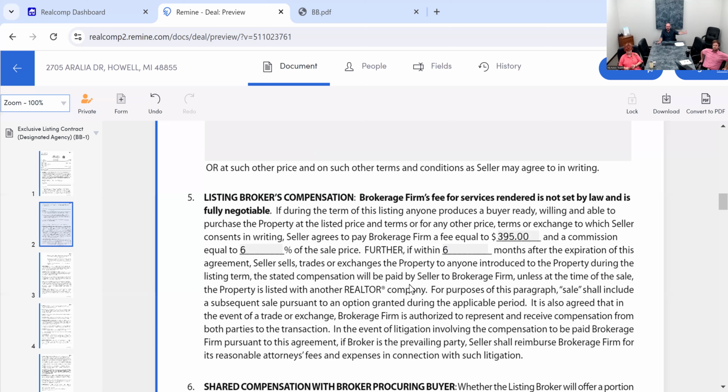But if they find some other realtor who will list it for $100, that other realtor could potentially protect them and void the protection period. So that's unlikely, but just plausible.